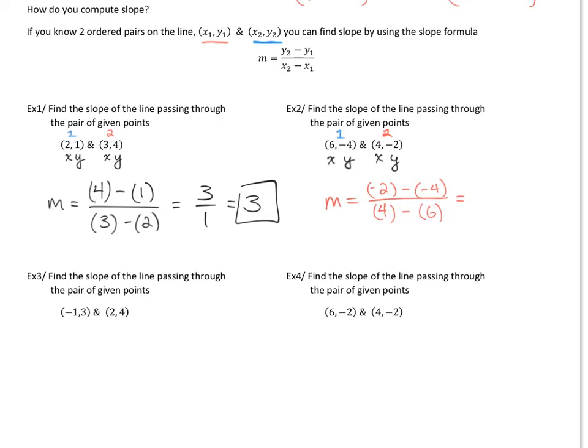So 4 minus 6 in the denominator is negative 2. And in the numerator, we have negative 2 minus a negative 4. Subtracting a negative is like addition, so we can say negative 2 plus 4, which gives us a positive 2 in the numerator. And then 2 divided by negative 2 is negative 1.